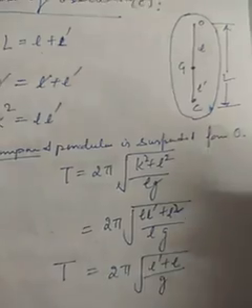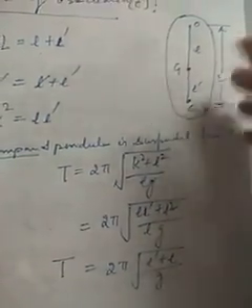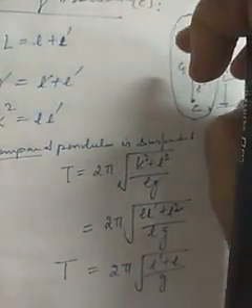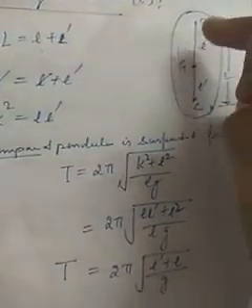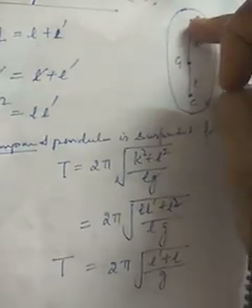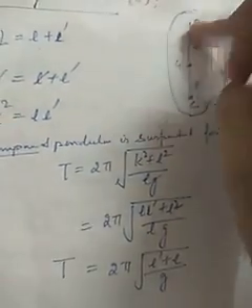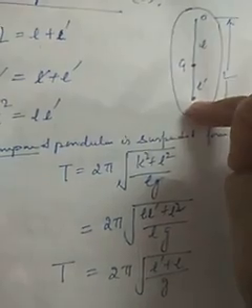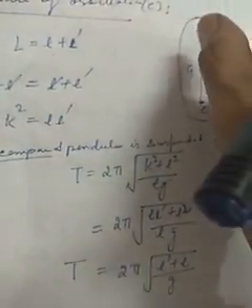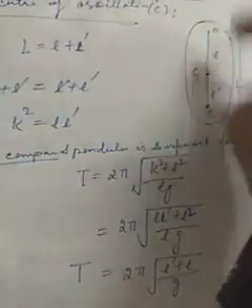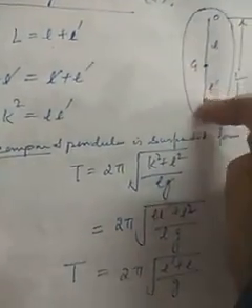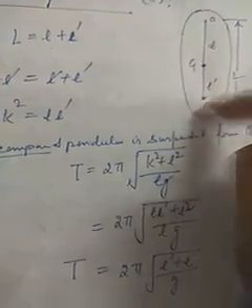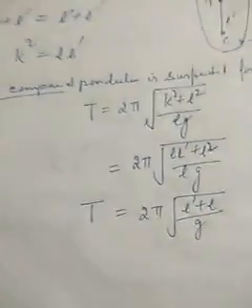Now we just invert these points, right? By inversion I simply mean I change this rigid body in such a way that your center of oscillation becomes your point of suspension, and your point of suspension becomes your center of oscillation. You just rotate this rigid body and simply suspend it from the center of oscillation, right?